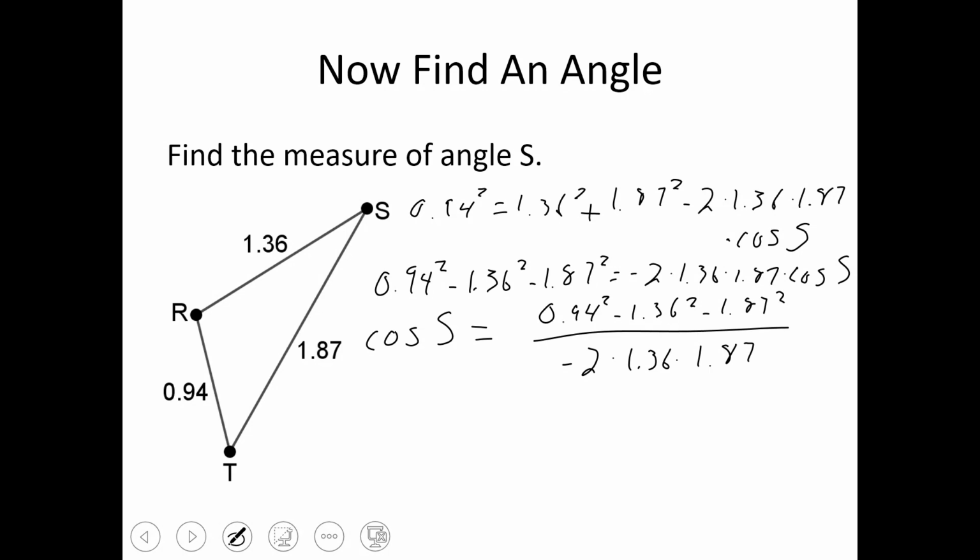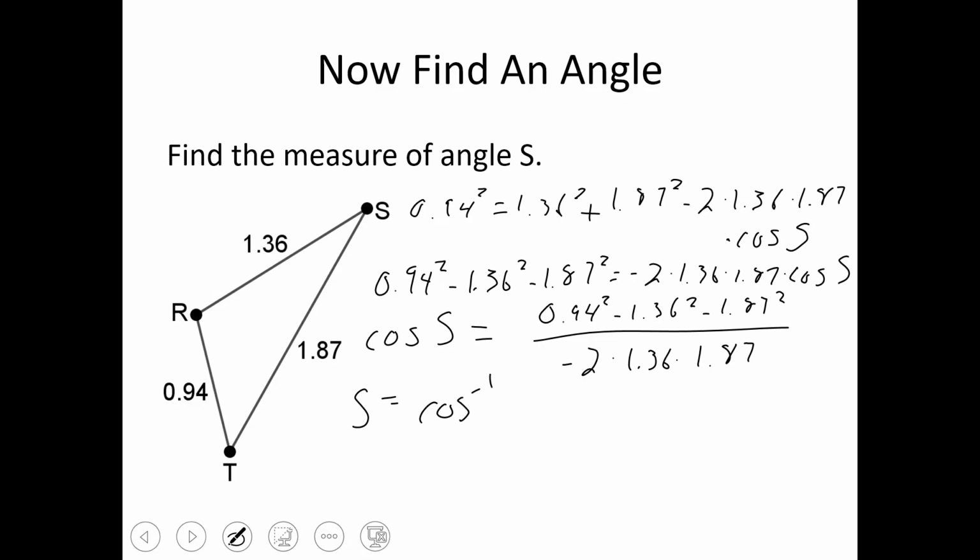So let's think for a moment. That's what the cosine of s is. The cosine of s is that ratio, and you can plug it into a calculator and get the value. Then ask yourself what s itself would be. Hopefully you recall our work with the inverse trigonometric functions. If the cosine of s is that ratio, then s itself is the inverse cosine, which I'm going to write as cosine with the superscripted negative 1.